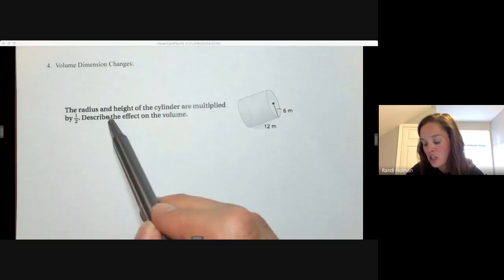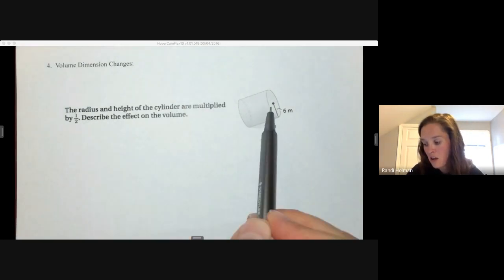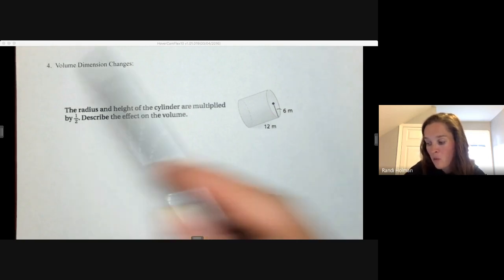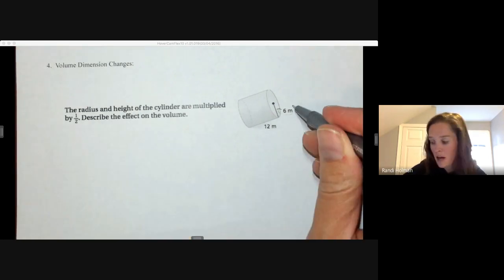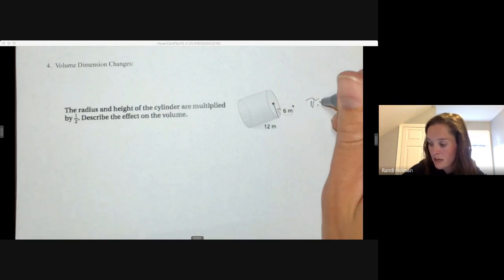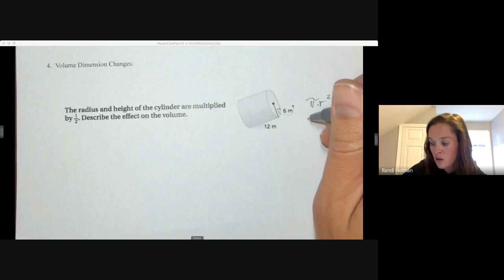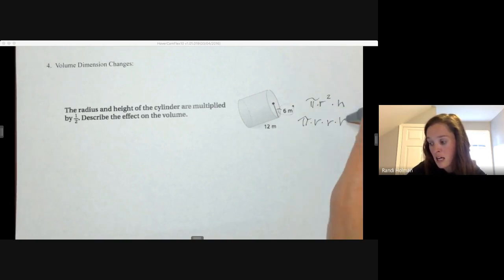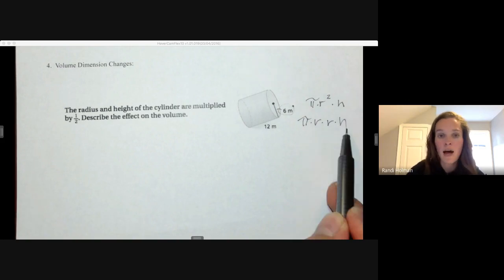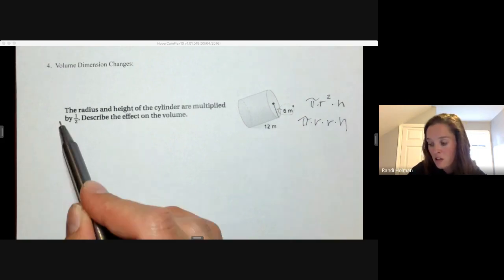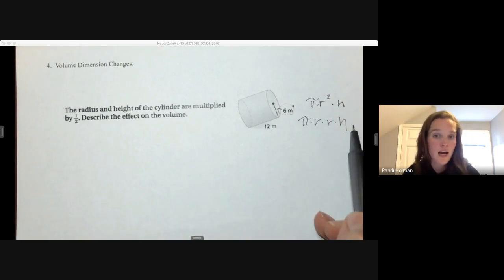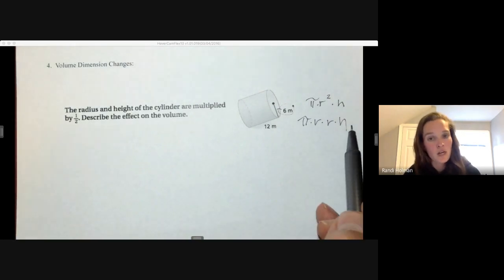So if we're changing the dimensions, so in this case, all of them, the radius and the height by 1/2, think that whatever I'm doing with this, right, we have pi times your radius squared times your height. So you have pi times your radius times your radius times your height. If we change each of these by some factor, you're changing your volume by that factor 1, 2, 3 times because of that three-dimensional shape.